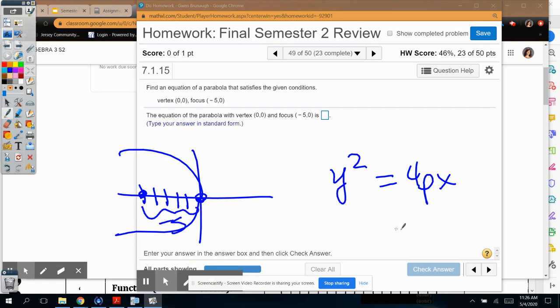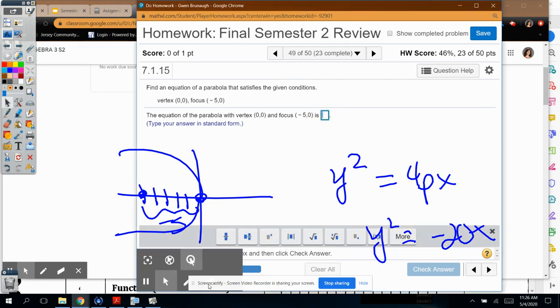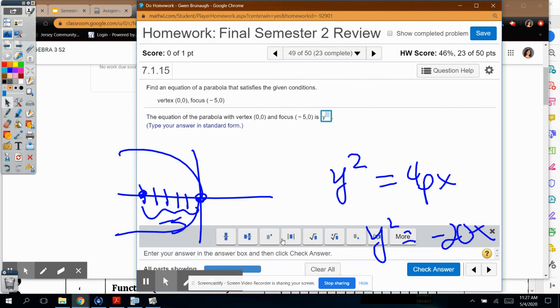So p here is negative 5. And it'll be y squared equals negative 20x, because p is negative 5 since it's going to the left. Make sure you put the exponent: y squared equals negative 20x.